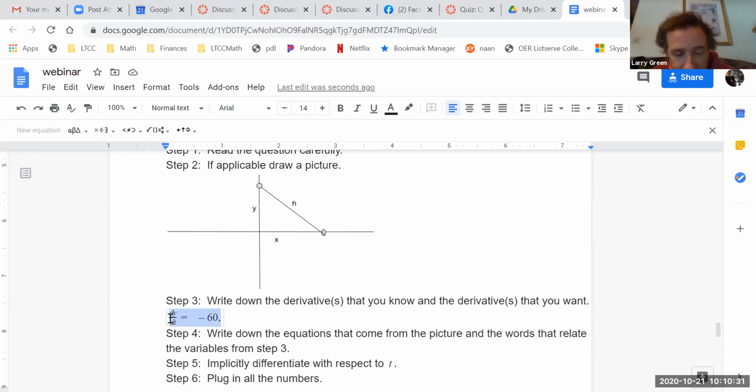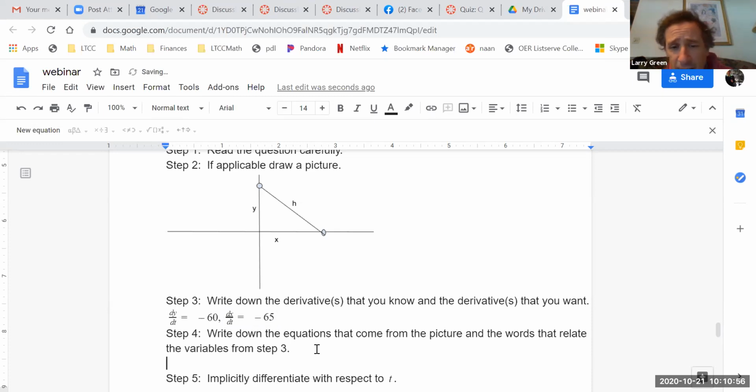So I think the easiest is copy and paste, and change that y to an x. Make that 60 a 65. There we go. Any questions so far?